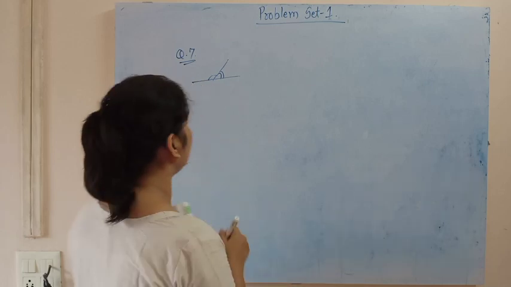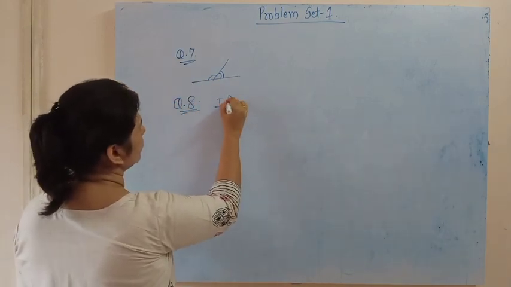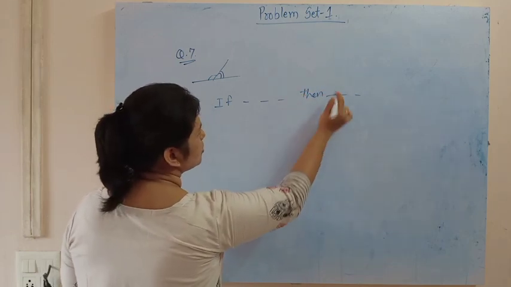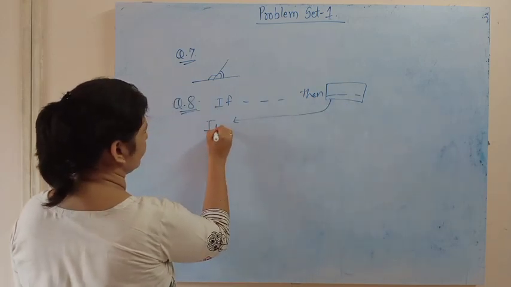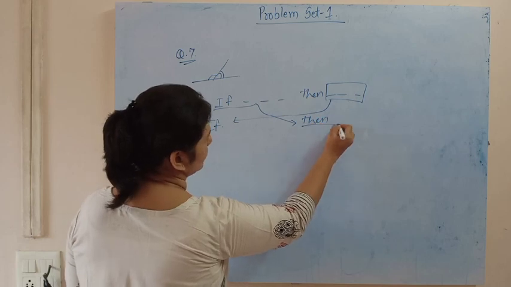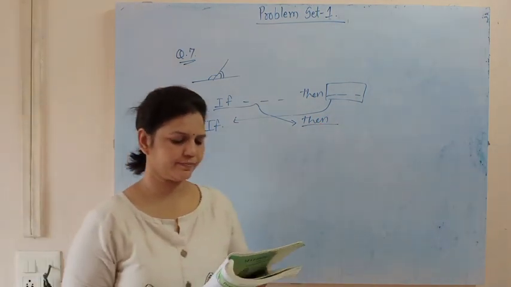What is the statement? See, we have to write the converse. That means, in question number 8, if then, it is the part. So you have to move this part to if and this part to then. Okay, this is known as converse. How? See.